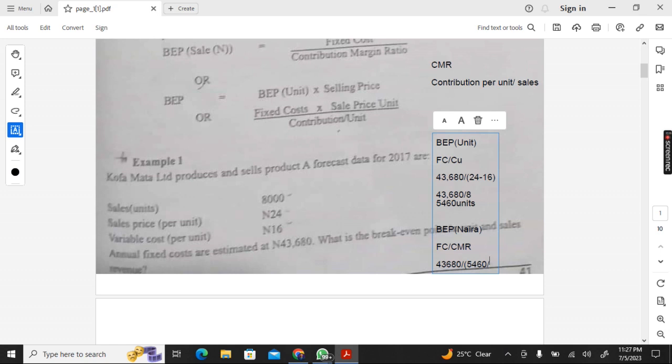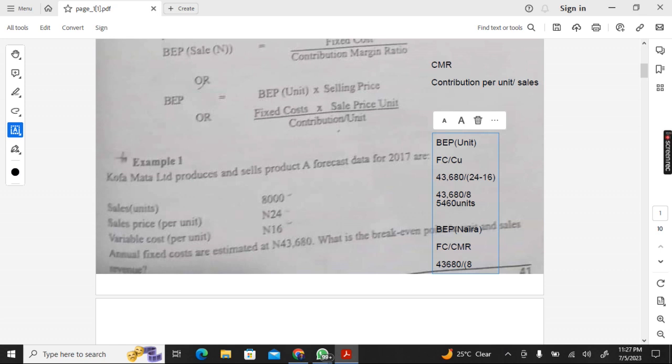Fixed cost is 43,680. Sorry, the contribution per unit is 8, not 5,460. Contribution per unit is 8.